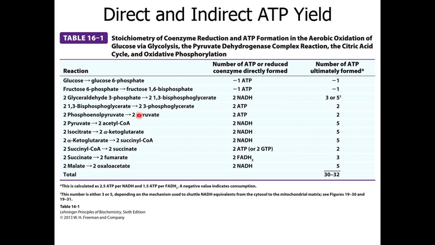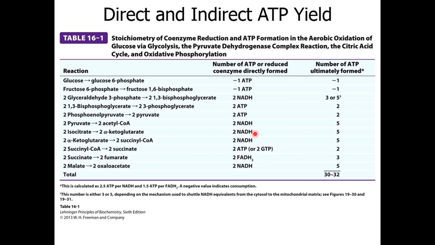Now, if you consider 2 pyruvate molecules, and we have not considered the first step in the conversion of pyruvate to acetyl-CoA, so if you consider 2 pyruvate molecules that get converted to 2 acetyl-CoA molecules where 2 NADH is produced, that also adds to the equation.